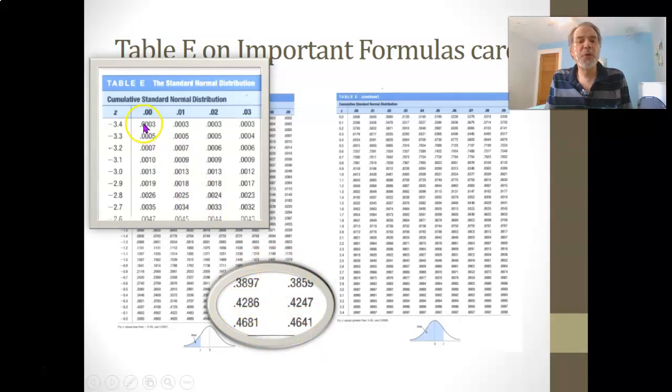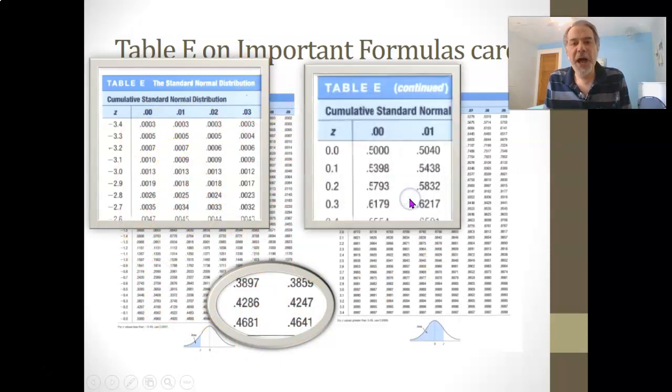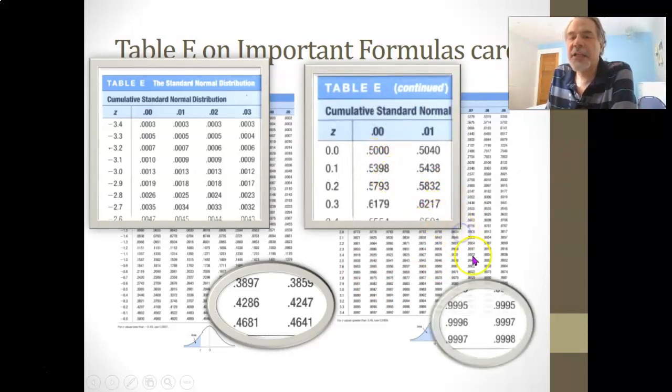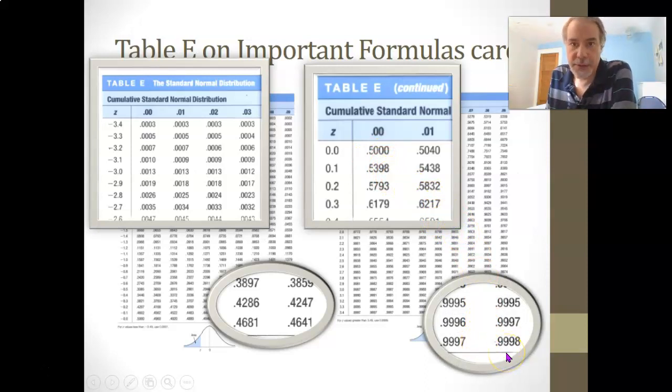So numbers between 0.0 and 0.4 something are on this page. And then on the other page where the z's are positive, we get those 5-digit numbers that are in the 0.5s and 0.6s and so on up to the 0.9s.